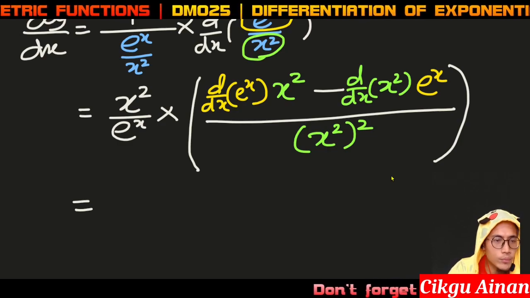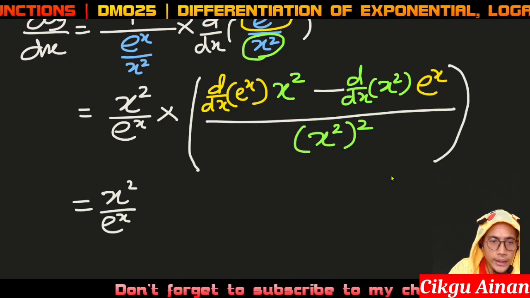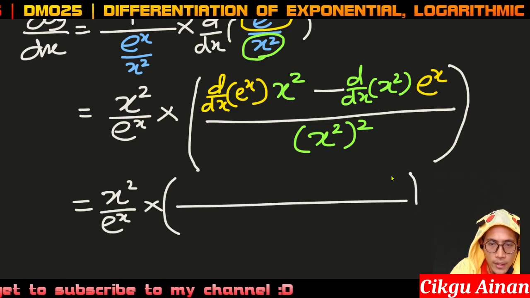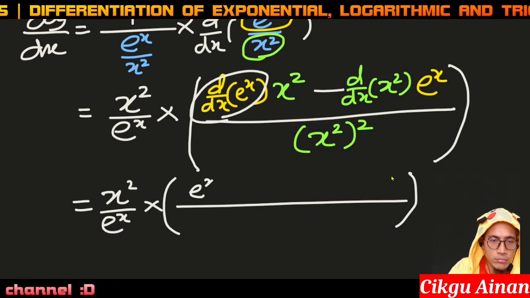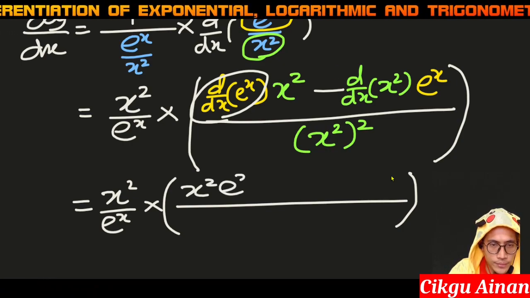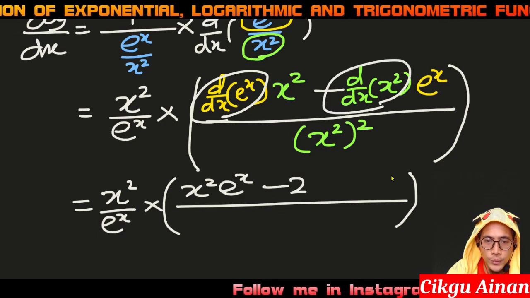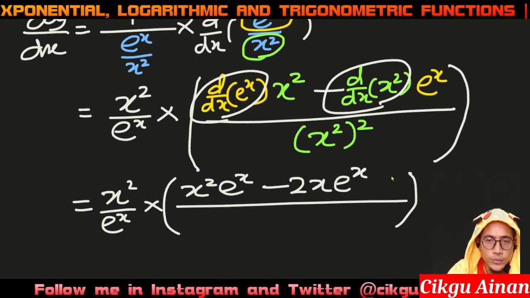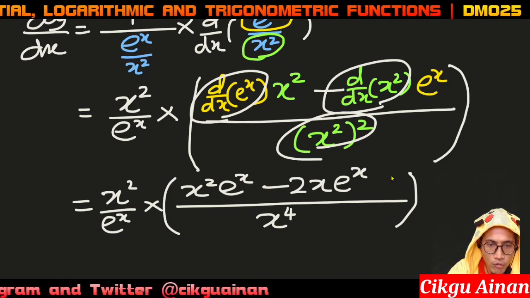But for this purpose, I'm going to do it one by one. So this one, just copy paste like that. Then we apply this big fraction and simplify. Differentiating this one, only e to the power of x, and then x squared. But better put x squared in front, like this. Next, minus this one, 2x. How to differentiate that? It becomes 2x. This one down here is x squared. Sorry, x to the power of 4.